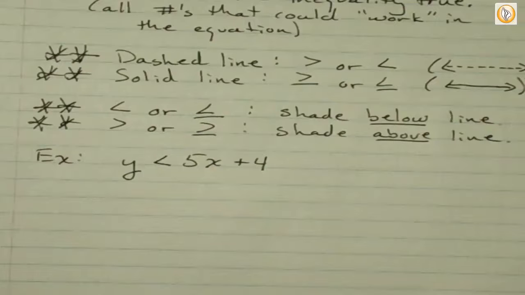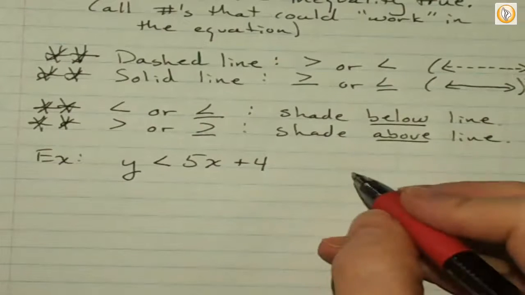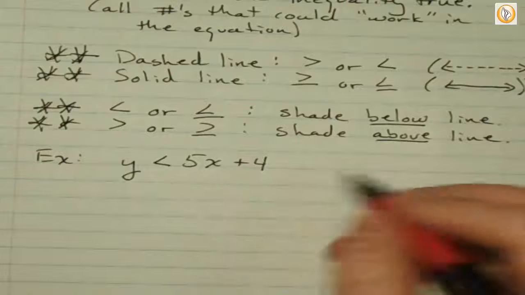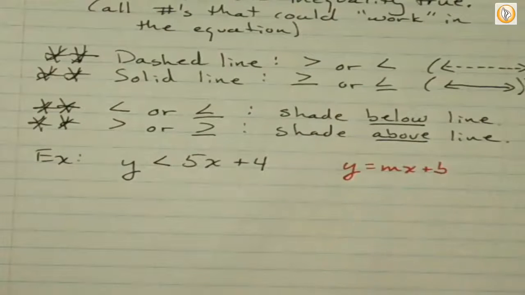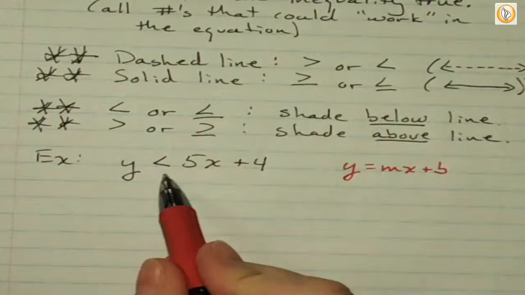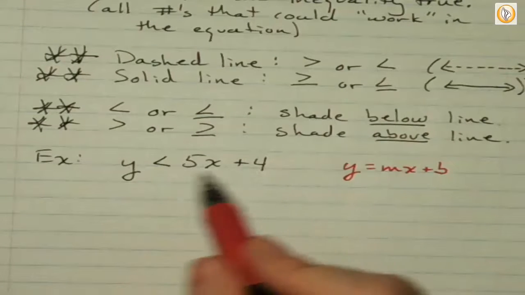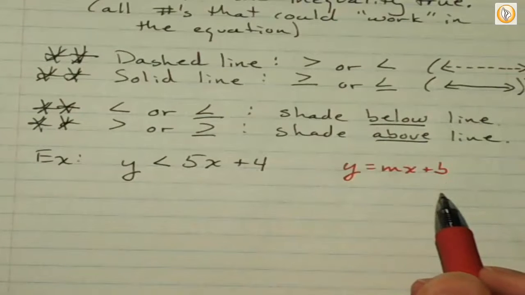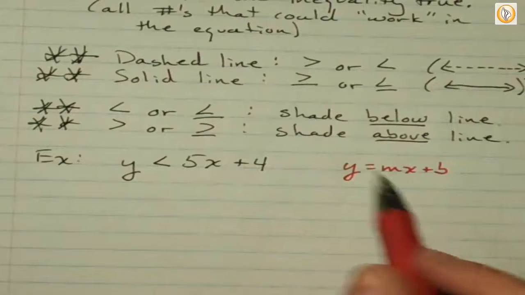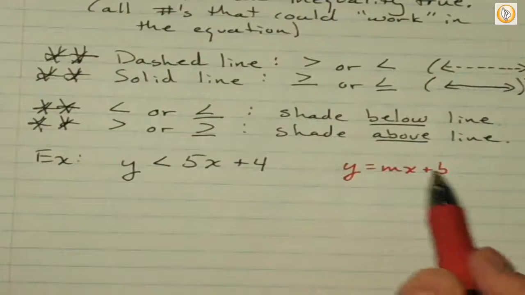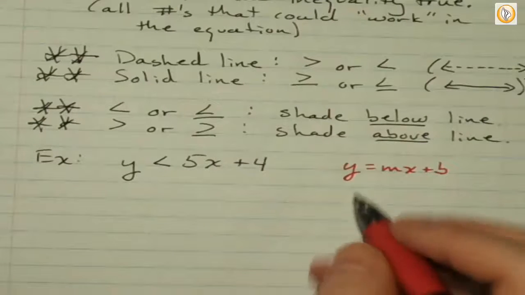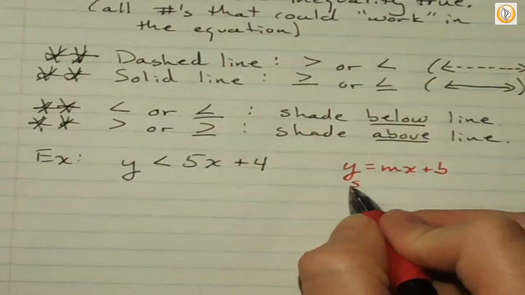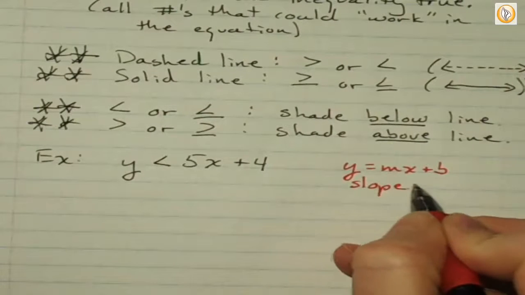First thing, and I want all y'all to look, is this in y equals mx plus b format? With the exception of the inequality, is it in the correct format to be graphed? Yes, it is. My next question, what is your slope? Joseph, what's the slope?